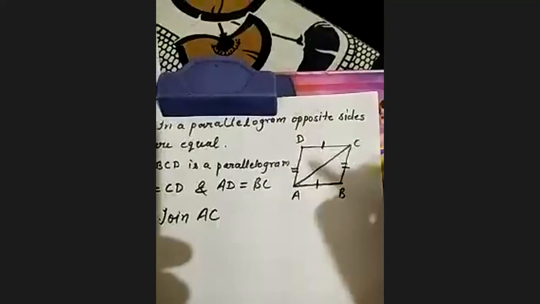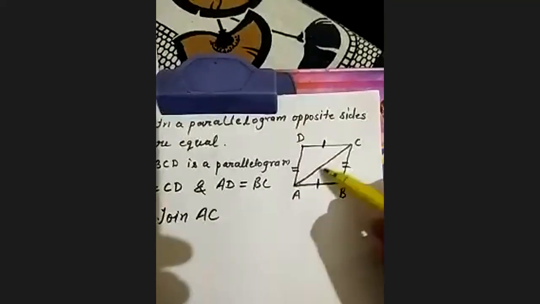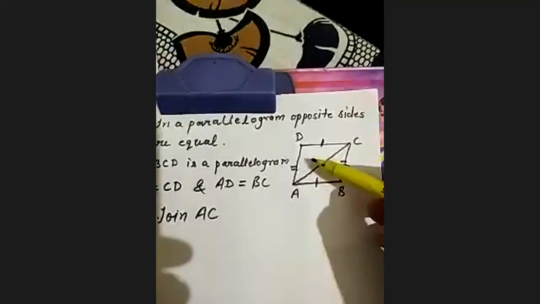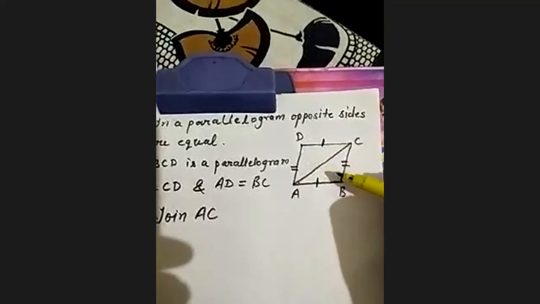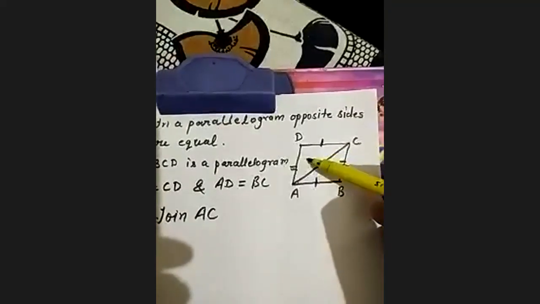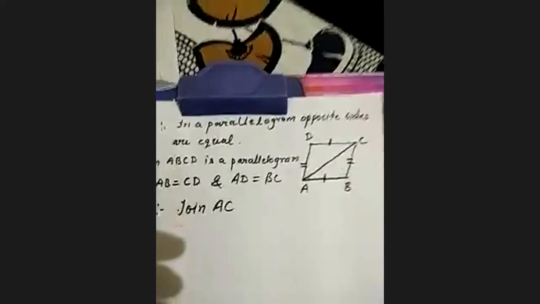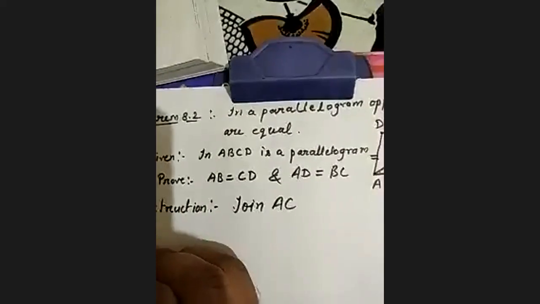The first triangle you take is ABC, and the second is ADC. So the parallelogram is divided into two parts, the first triangle and the second triangle. Next we prove here.